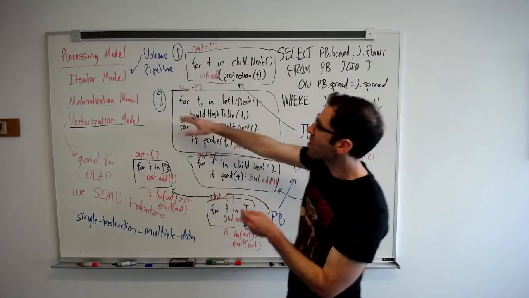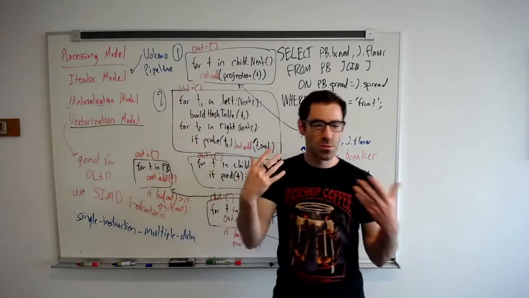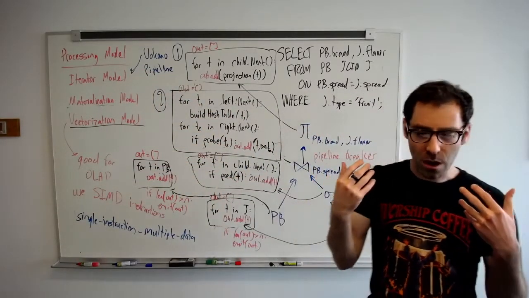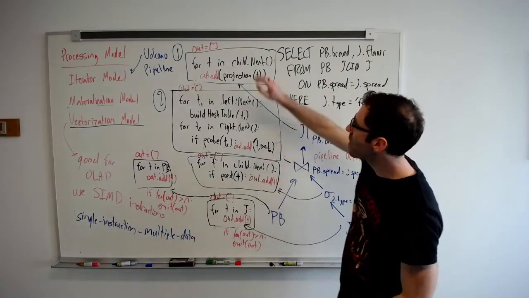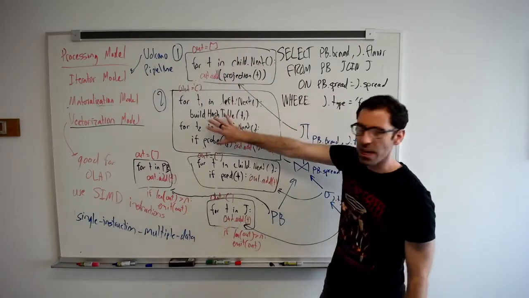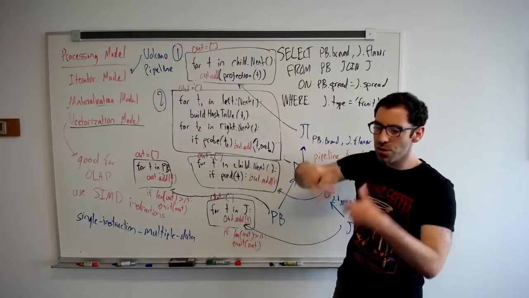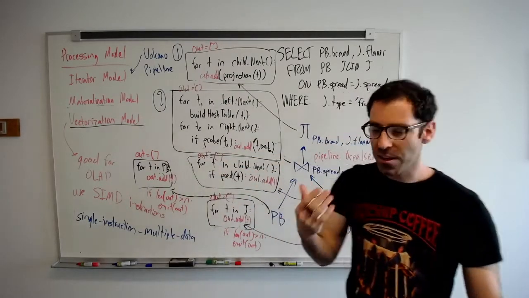So as I've explained all three of these models, something that I've talked about in each of these explanations is that we start at the root and it calls next on its child, which calls next on its children, and so on and so forth.